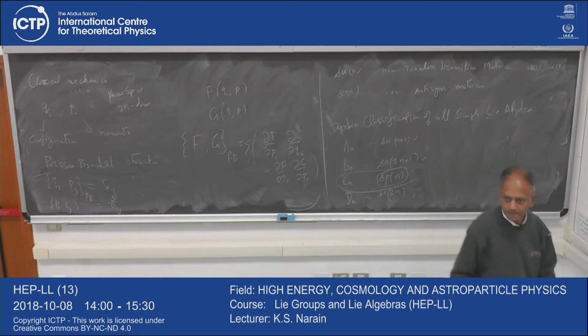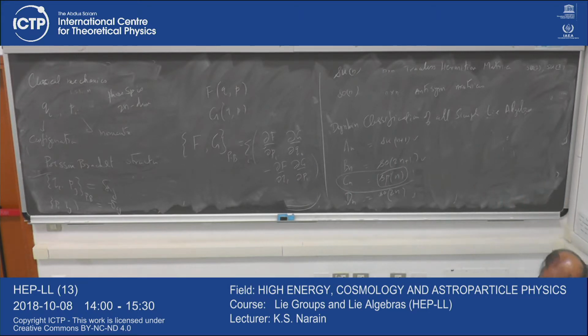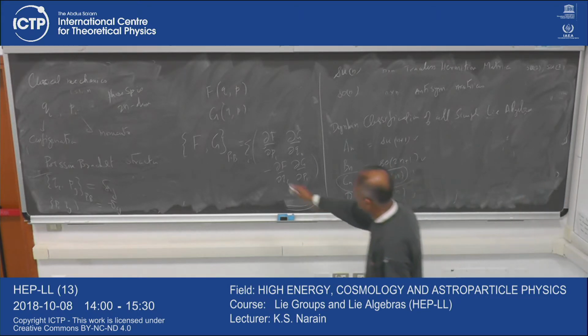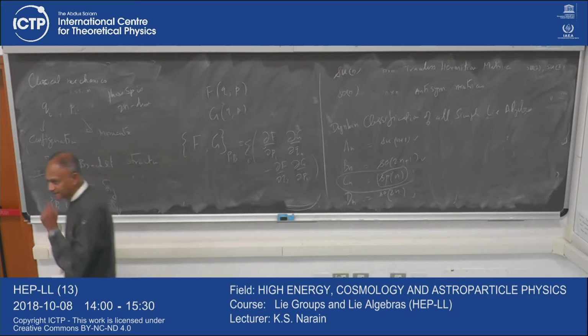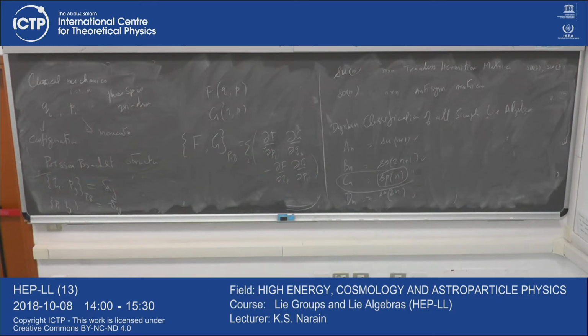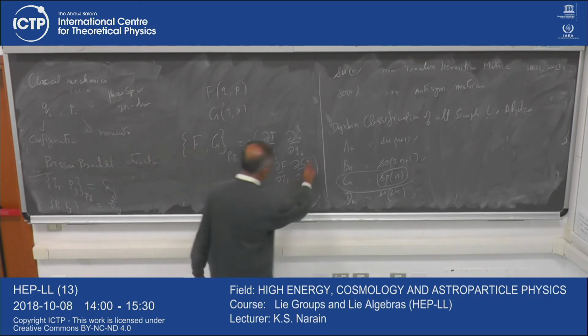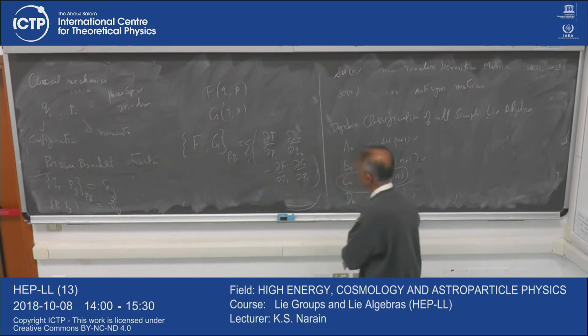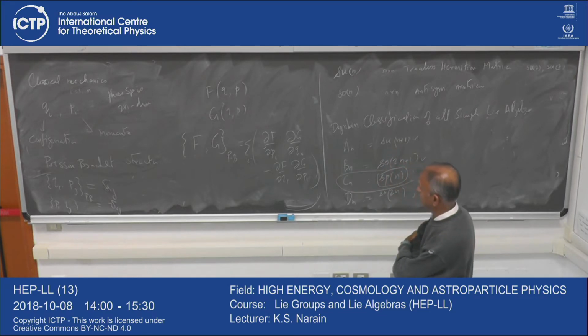Maybe there could be a mismatch in the overall sign, but it doesn't matter. The overall sign is not important. So this is how you define the Poisson bracket.